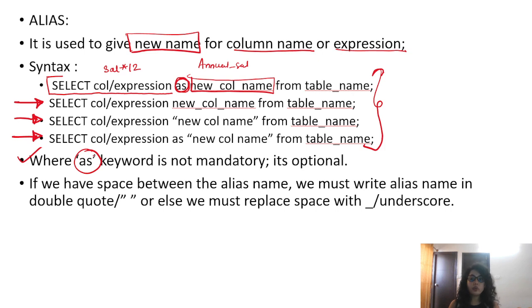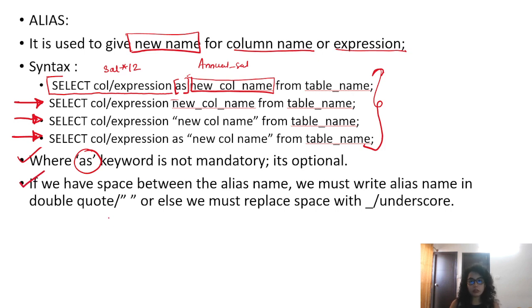So two things we get to know about alias: first, the definition, that whenever you want to change the name of a column or expression, you go with an alias. Second, writing the as keyword is not mandatory; it's optional. Whenever I give a keyword in square brackets in the syntax, it's not mandatory to use it for executing.